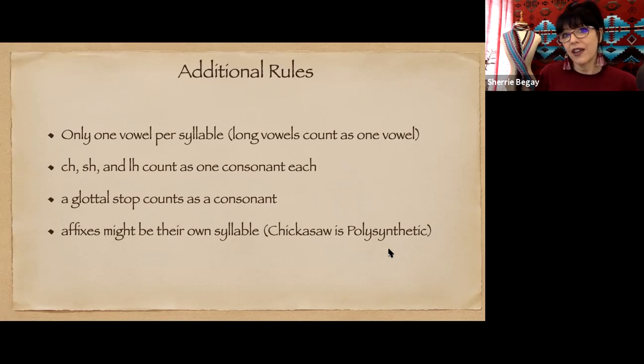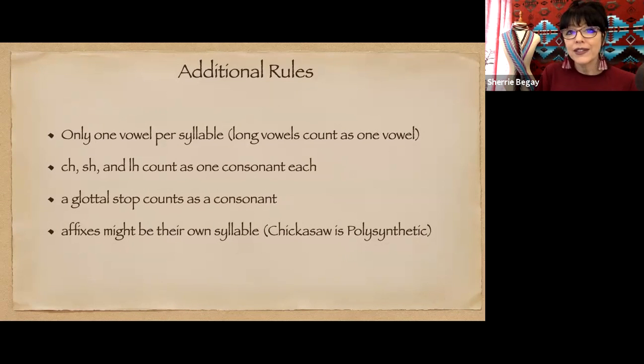So I just stuck an affix on the word to walk and I ended up with I am walking, no wali. But that's for another lesson, so we won't go into that too much, just to let you know that sometimes there's affixes and they may or may not be their own separate syllables, but we'll just touch on that later in this lesson today about syllable division.